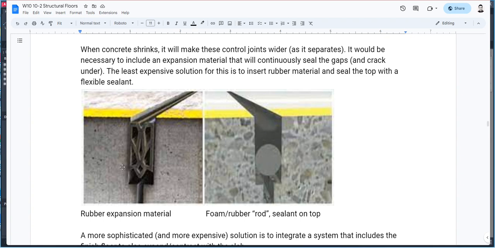Another least expensive is to put a rubber expanding gasket inside that. After you cut it or after you remove the formworks, you hammer it down, or some are put in place while the concrete is still wet. Okay.